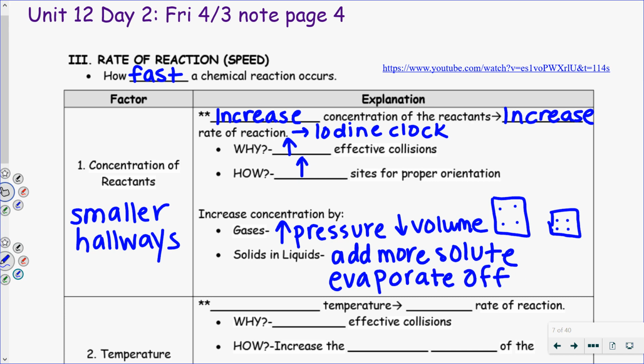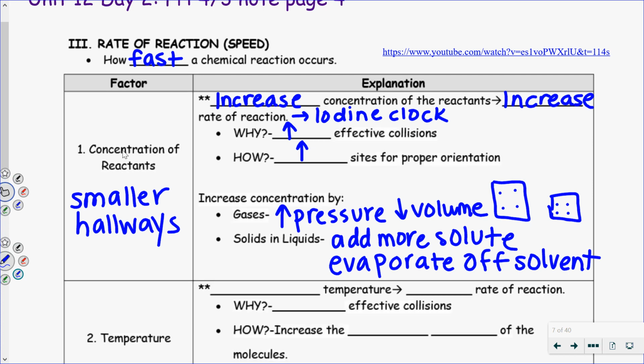That will also make something more concentrated. But overall, you want to remember that if you increase the concentration of your reactants or your solution, you're going to increase the rate at which that reaction occurs. You're going to speed it up. Think about the analogy of smaller hallways. Those are more concentrated spaces, more likely to bump into one another. So that's your first factor.